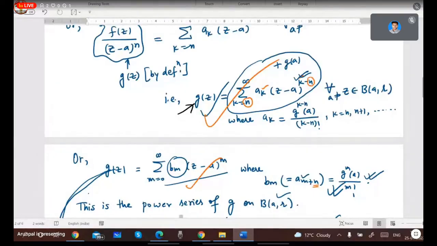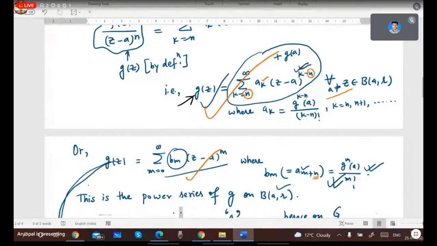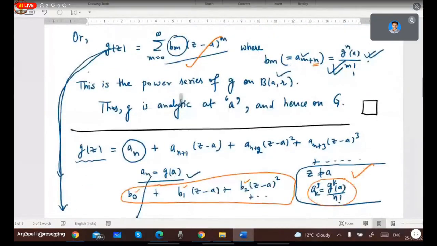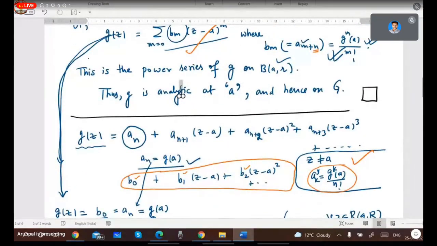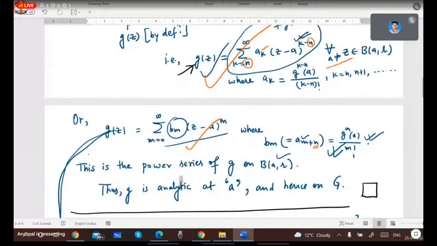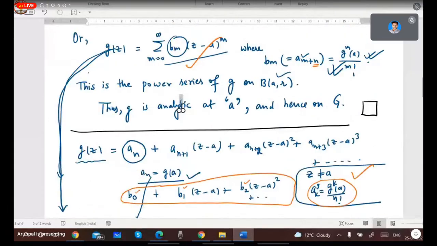But certainly someone of you could ask me, sir, you are not including z equal to a here. But by taking this kind of indexing, I have included z equal to a also, because it is automatically included; this is defined at z equal to a. At z equal to a, the nth coefficient is coming out to be g(a). But your habit is to see that the a_0 should be equal to the value of the function at that point.